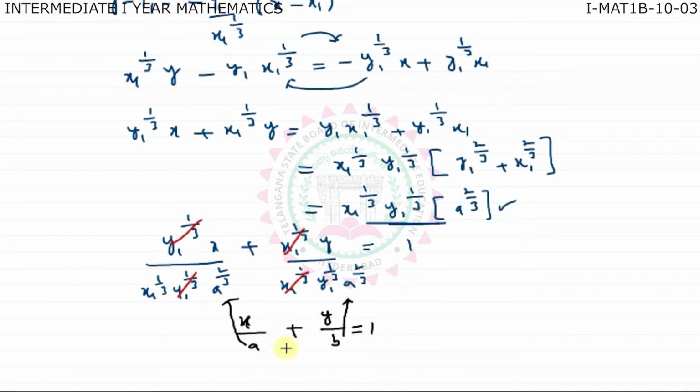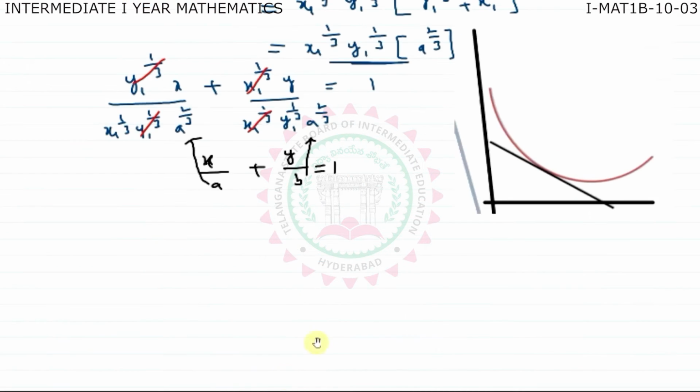If I know these two, this particular point becomes a comma 0 and this particular point becomes 0 comma b. Now since we have to find AB value, AB is equal to root of a square plus b square.